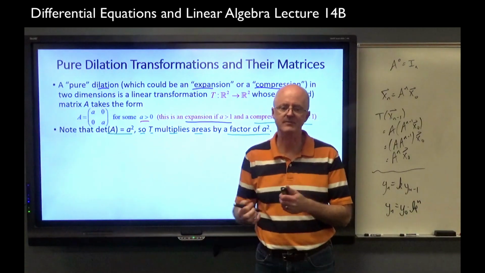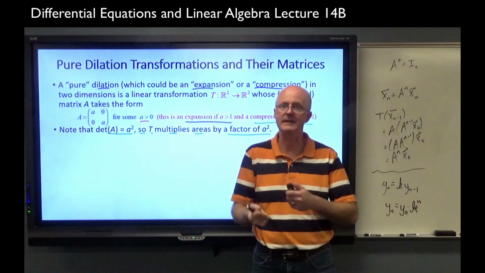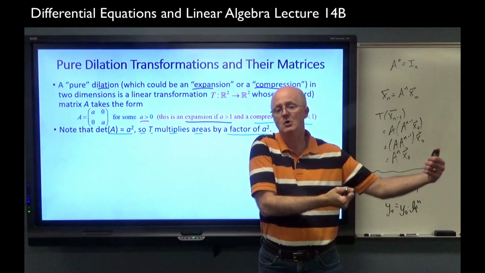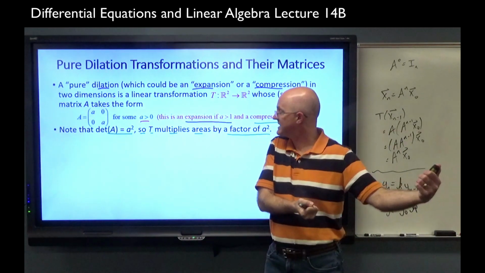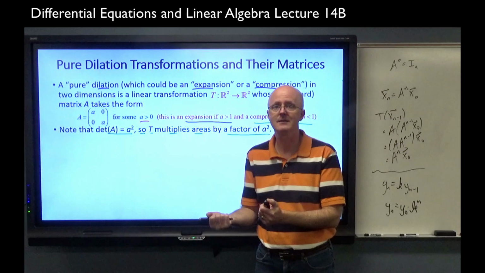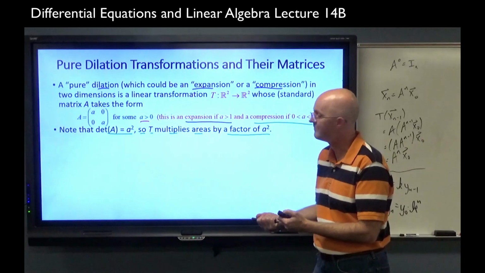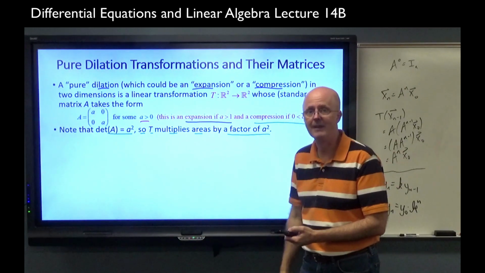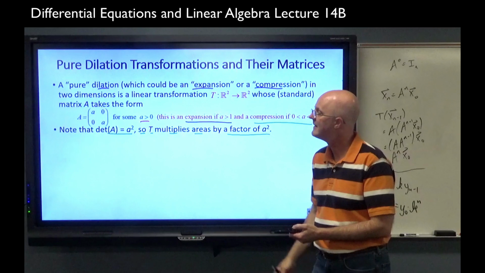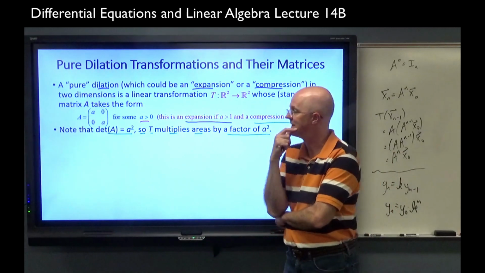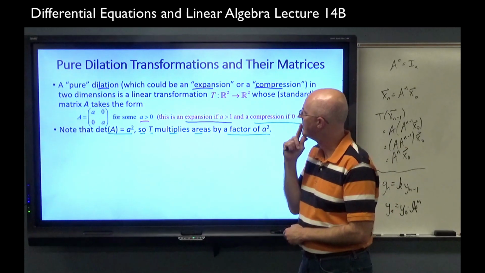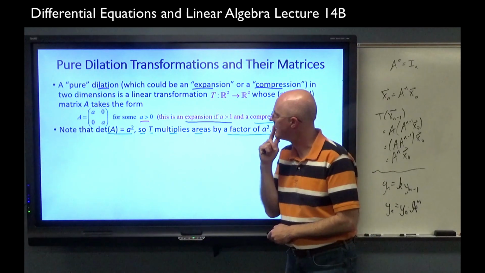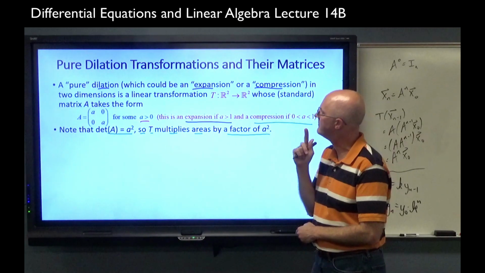It's that the action of T on a given set with a given area gives you an image whose area is A squared times the area of the original set. By that determinant fact. And A squared is positive, so you don't have to worry about absolute value signs. Which makes me realize the next slide actually has a typo. Well, actually it doesn't because the numbers will be positive.